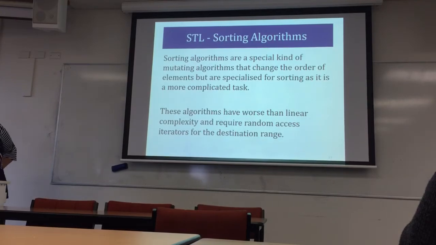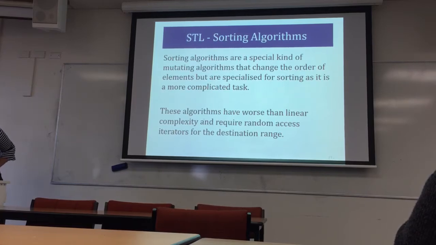Now, one common task is sorting. And sorting doesn't change the value of elements in the container, but the order. So it's a mutating algorithm. This algorithm has worse than linear complexity. Normally it's n log n something with best performance.